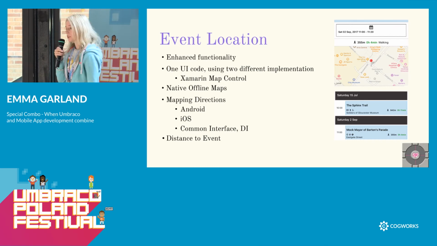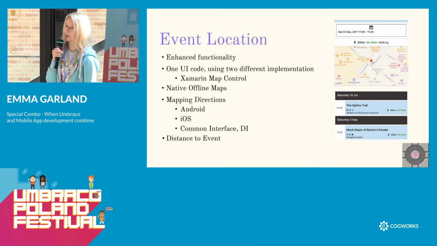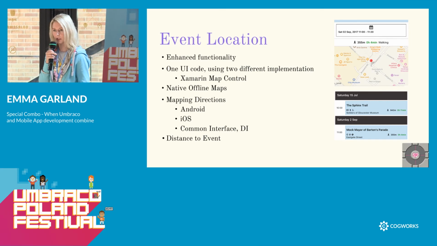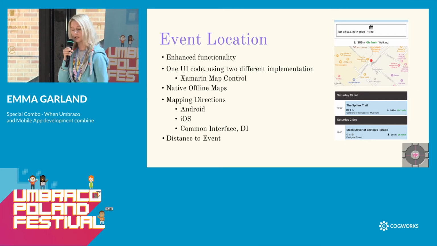This means you can utilize the native features, so you've got offline maps. Quite often you see Google updating your map data on the device the whole time, but it can have these maps offline. So if the user loses data, they've still got the location on their device. And this was, again, using a common interface, dependency injection.